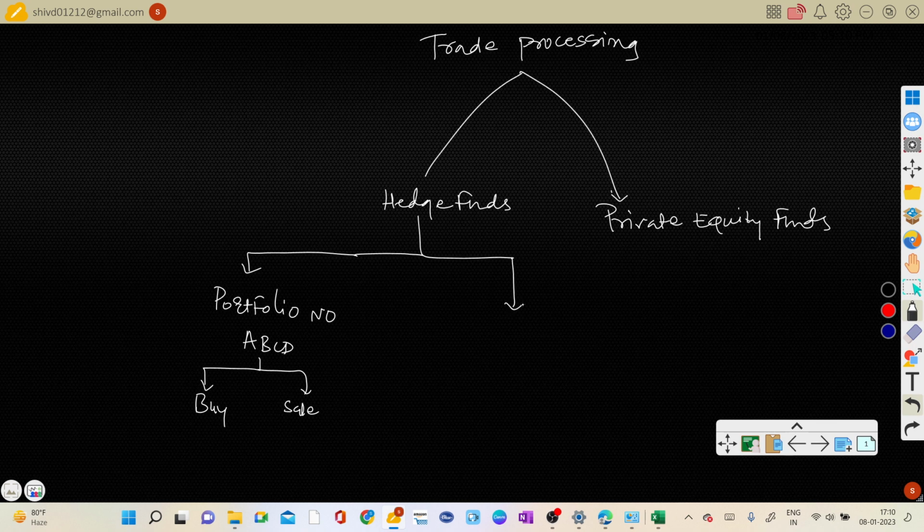Let's say portfolio CD1. So here also same buy and sell. So it's a daily activity, right?